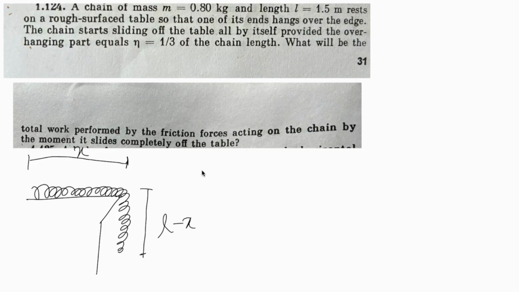Now let's discuss the initial conditions. Initially the chain is at rest, which means that the frictional force or the limiting force is actually preventing the chain from falling down. So this overhanging part is responsible for the falling of the chain, and this limiting force prevents it. So the limiting force being in this direction and gravity acting downwards, this is pulling it down, this is restricting it from falling down.